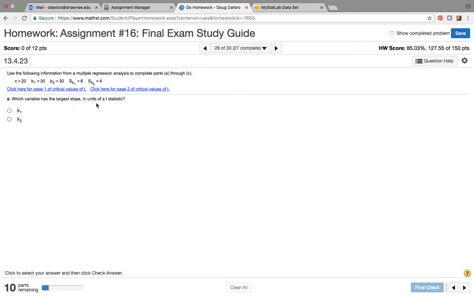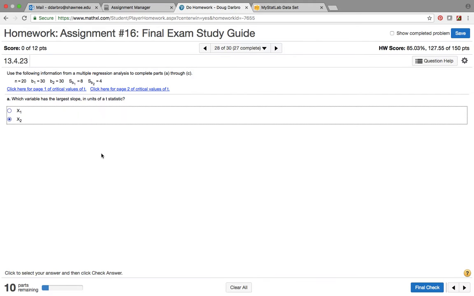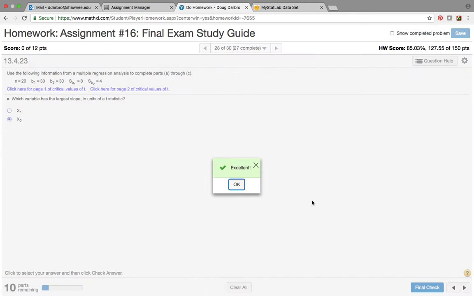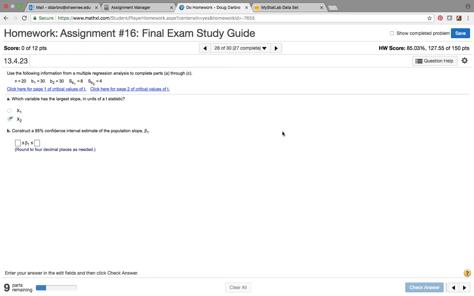So the largest slope in units of a test statistic, well, 30 divided by 8 is smaller than 30 divided by 4, so x2 is going to have the largest.